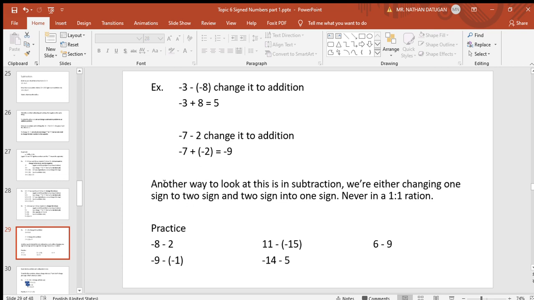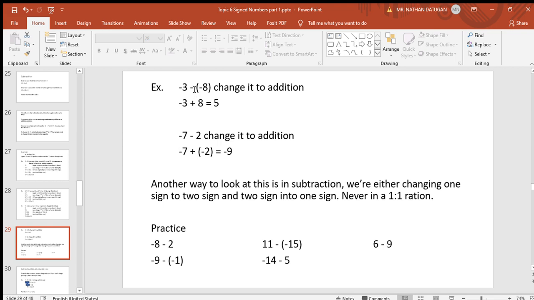Another way to look at it, if you don't want to recall minus change to plus, opposite, is to always know that we're either going to change from one sign to two signs or two signs to one sign.